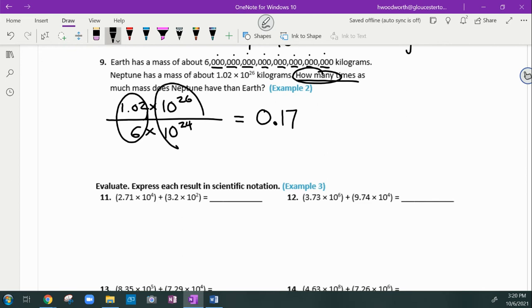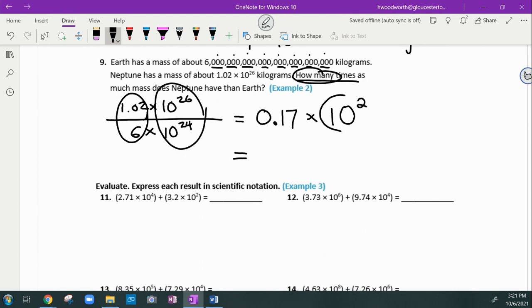And then I do this part, and I subtract, and I get 10 to the second, 26 minus 24. But if my answer is going to be in scientific notation, it doesn't actually say to put it in scientific notation. So maybe I'll just write it in standard form.